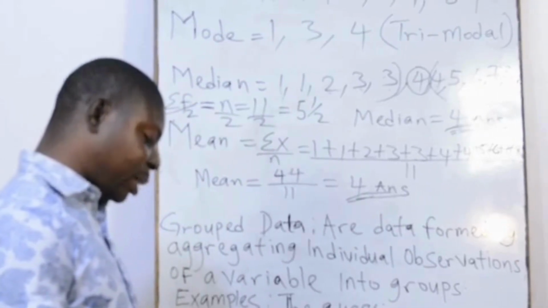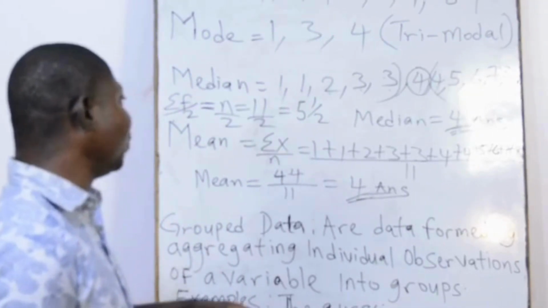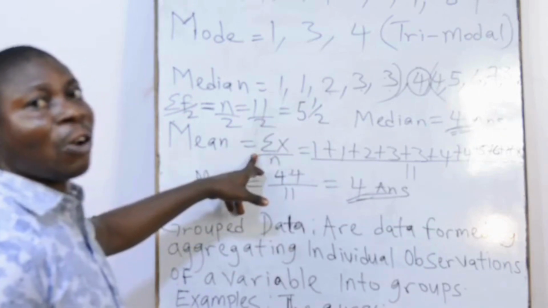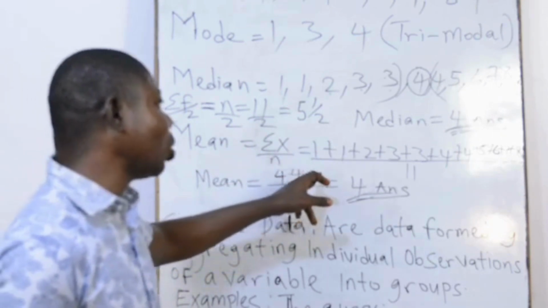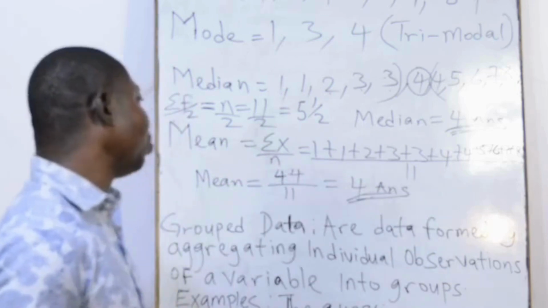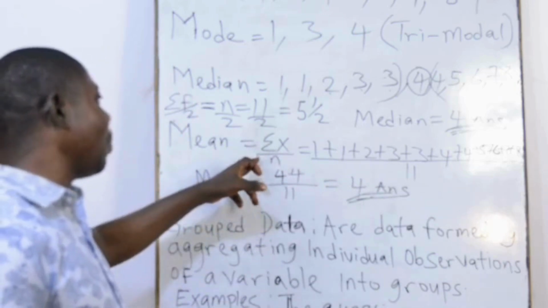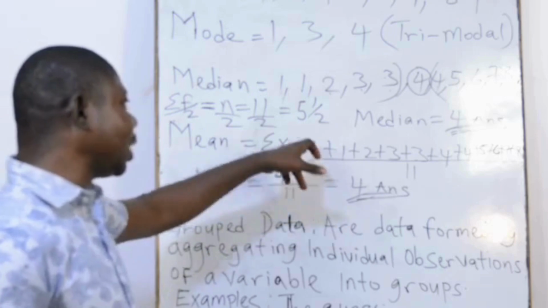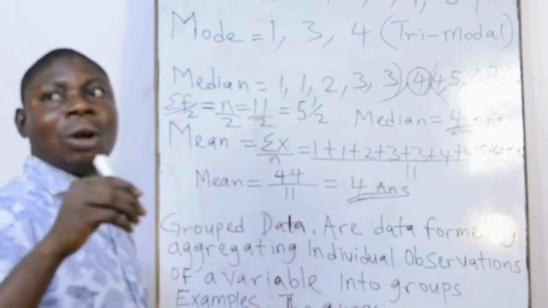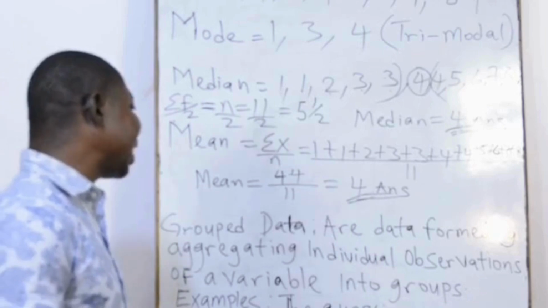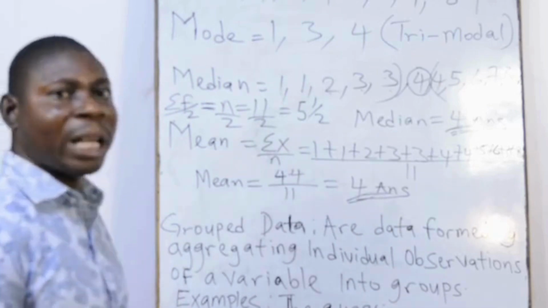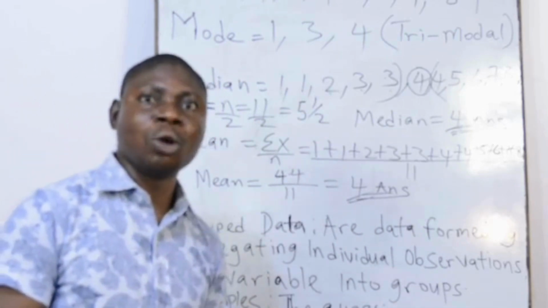So don't forget, if you want to calculate the mean, you will use this formula for raw data, that is, the summation of everything. But you can still use group data on the same question to calculate it also. Let's quickly check one or two examples from group data.